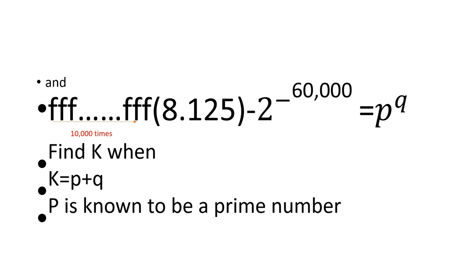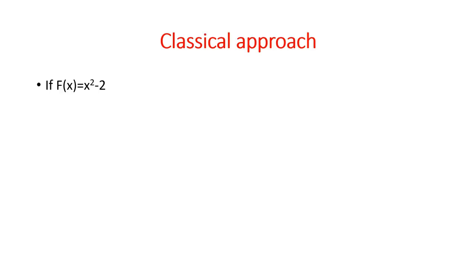How can we solve this problem? Remember, if I wanted to solve this problem classically, when f of x is equal to x squared minus 2, I simply substitute 8.125, and if I do that, I get 64.0156.